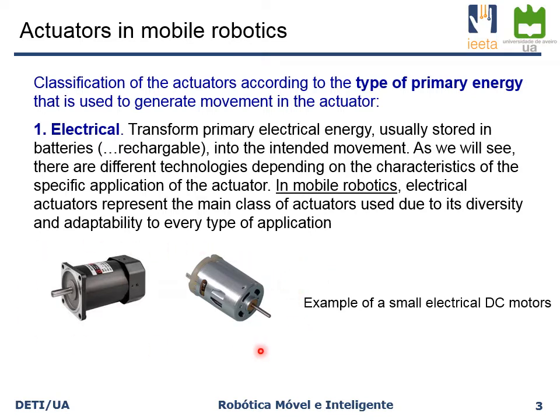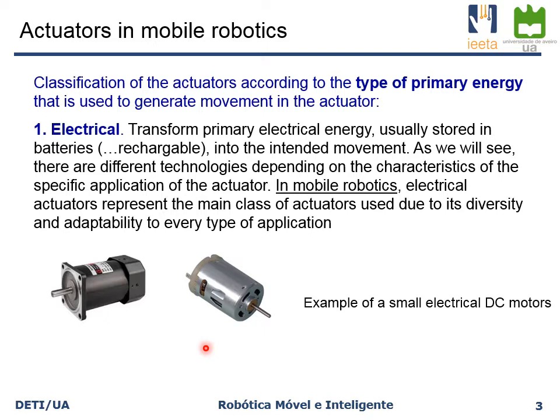These are two images. We could have thousands of different images of this type of examples of small electrical DC motors. If we are talking about small robots, normally we will have DC motors with powers that can range from some sub-watt power level to some 100-watt level.